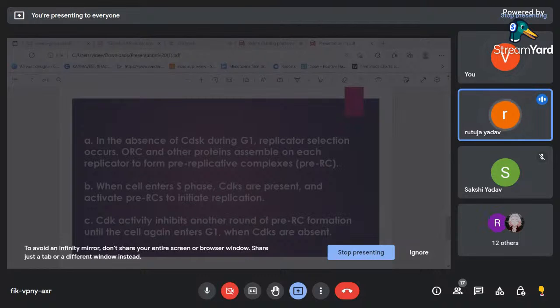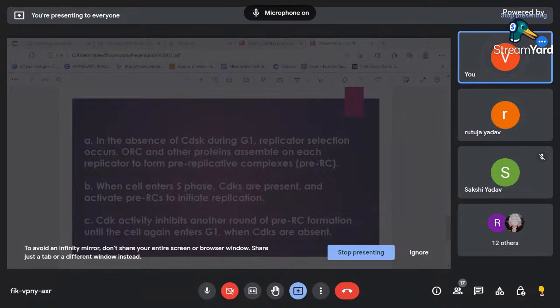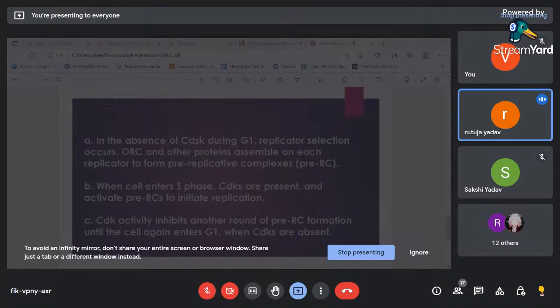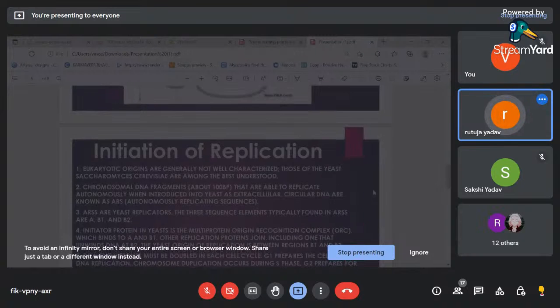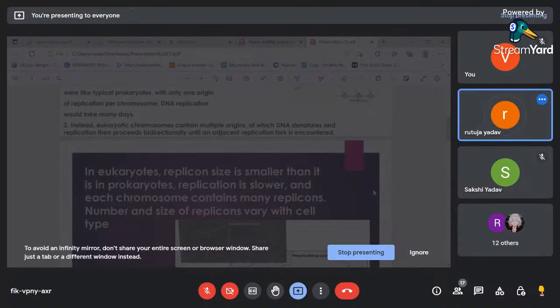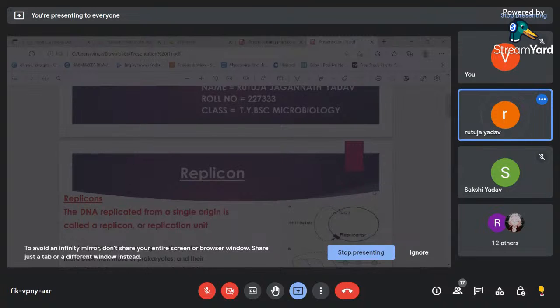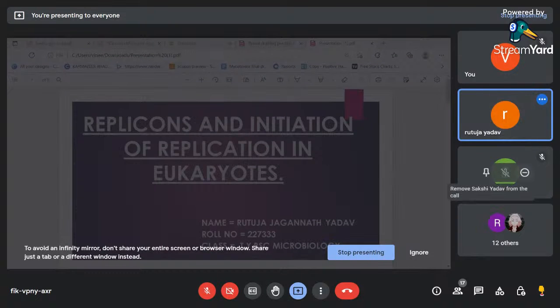M phase divides, and DNA is copied in S phase. CDK activity inhibits another round of replication. Um, sir, I don't know.